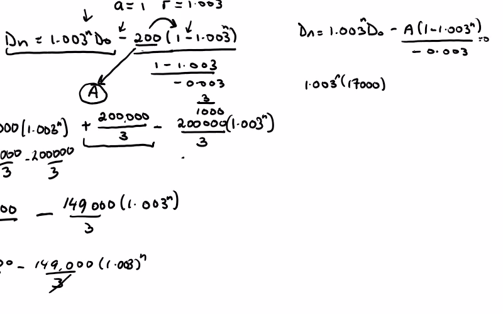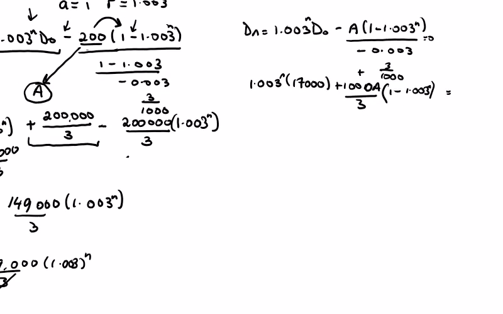We have a minus A over minus, so we're going to get a plus, and again this is 3 over 1,000, so the 1,000 will go on top, so we'll have plus 1,000A over 3 times the bracket, which is 1 minus 1.003 to the power of n. All of this equal to 0, so I'll just multiply out the bracket: 1.003 to the power of n times 17,000.